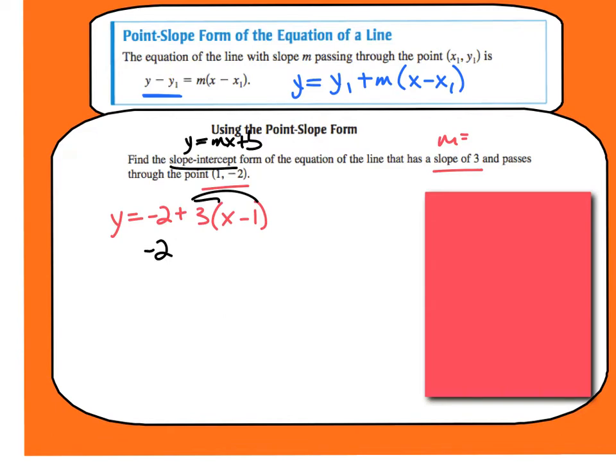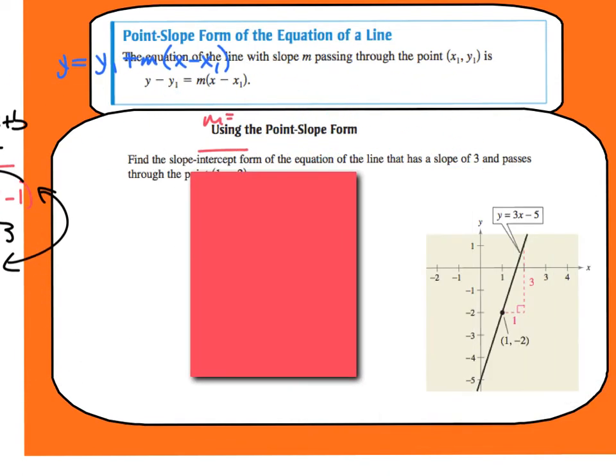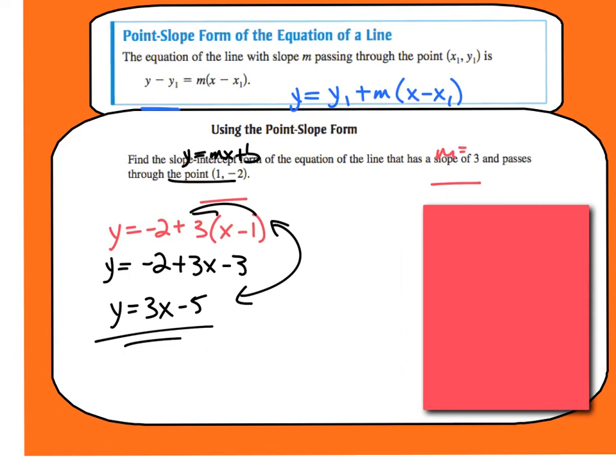So then I have -2 plus 3x, minus 3. One last step: we combine like terms, so I end up having y equals 3x minus 5. And then I'm good. These two are the same. If you want to see the line, there it is.